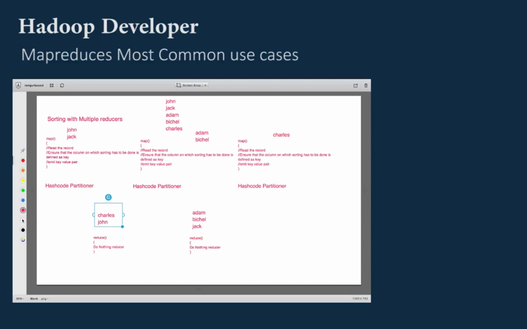So this is input to reducer 1 and this is input to reducer 2.